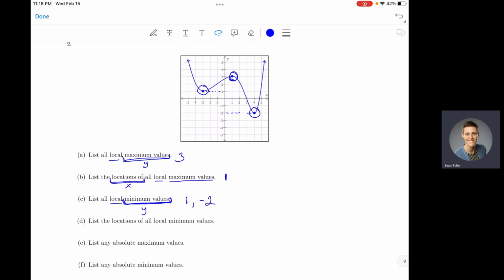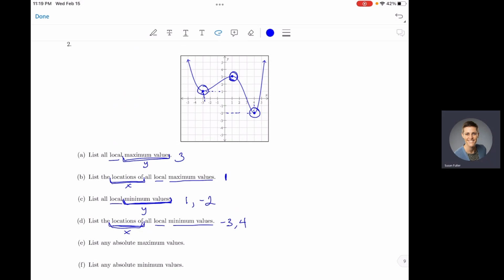Part D lists the locations of, that's an x value, of the local mins. So again, the bottoms of those valleys, we're going to refer to them by the x values, the location. So we've got -3 over here and 4 over here. Those are the locations of our local mins.